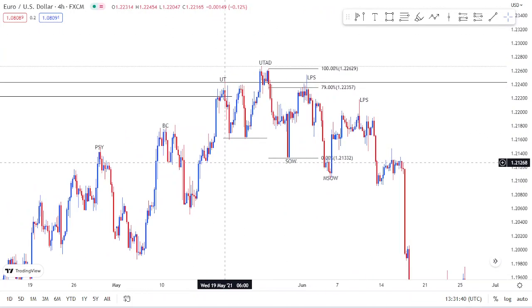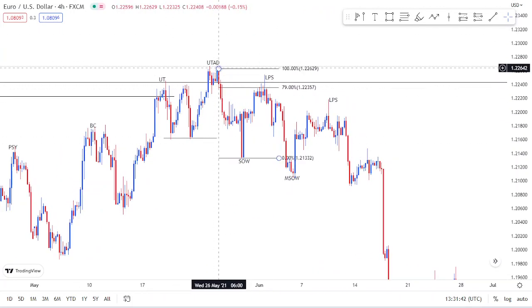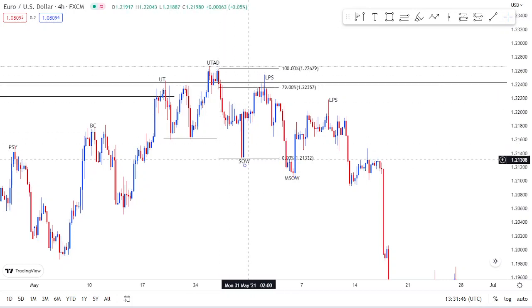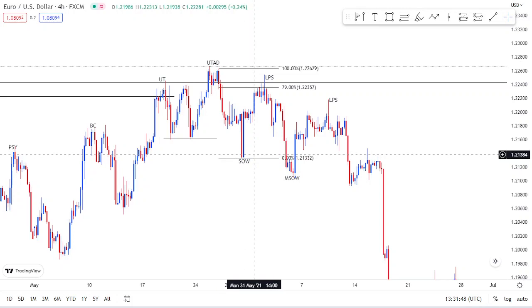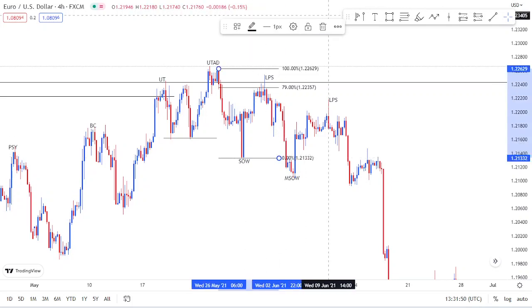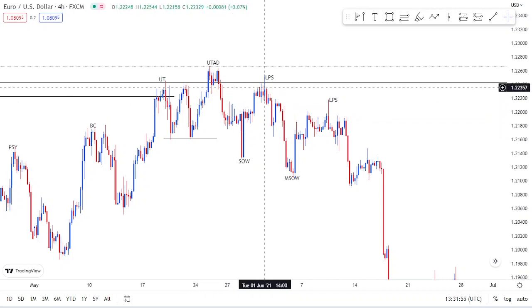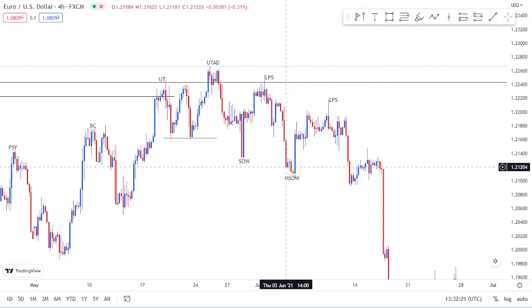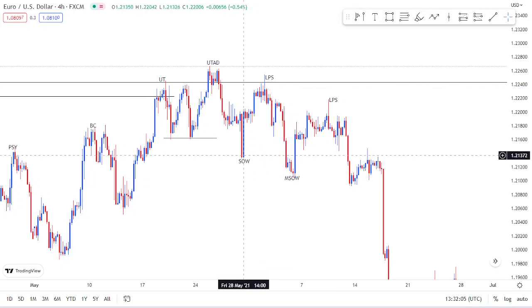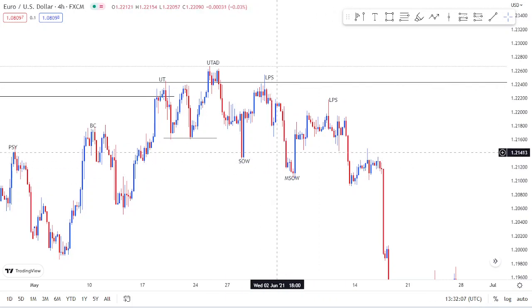So for the upthrust, from the upthrust after distribution to your sign of weakness, you like to draw your fib from the high point to the low point of that structure. So that's going to be one way to get your entry. And let's say you missed the move, so now you're going to look for an entry from your last point of supply to the major sign of weakness, where price actually continued to break structure to the downside.